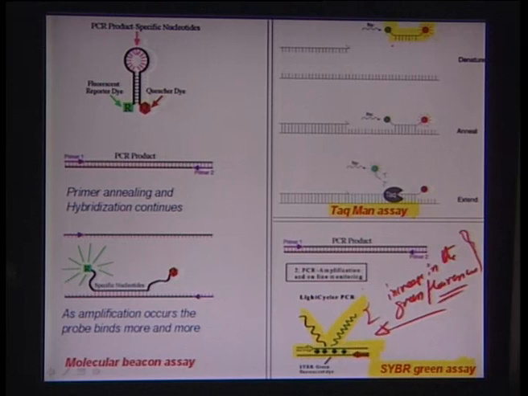Now when you have a situation where you have a primer with one end having, let's say, a red fluorophore and another having a green fluorophore, and these two fluorophores are designed in a way that the emission from the green one is also the excitation for the other, in this case the red one.